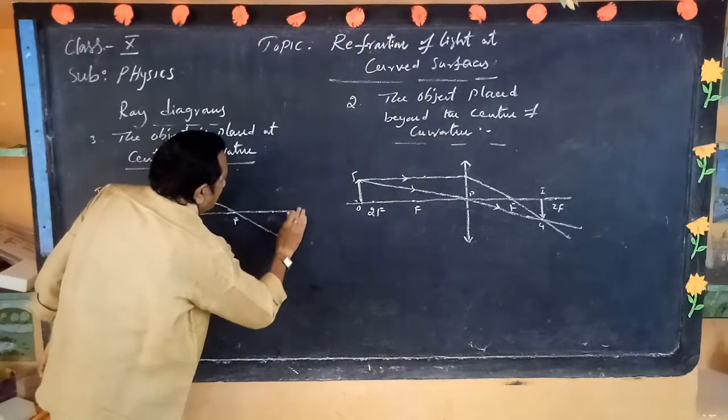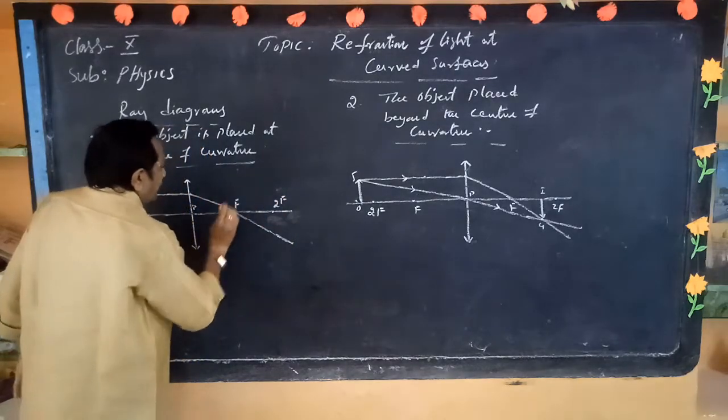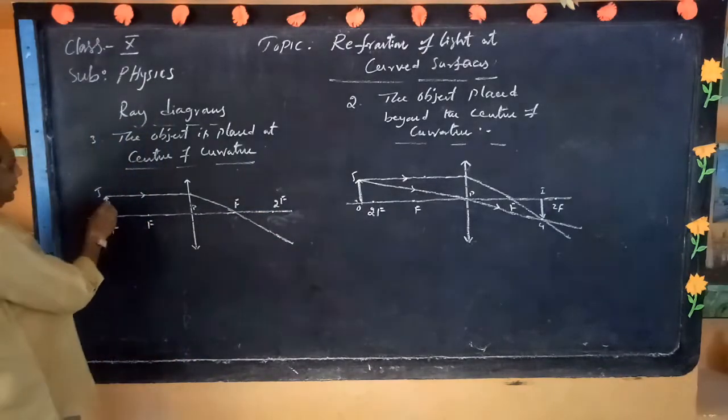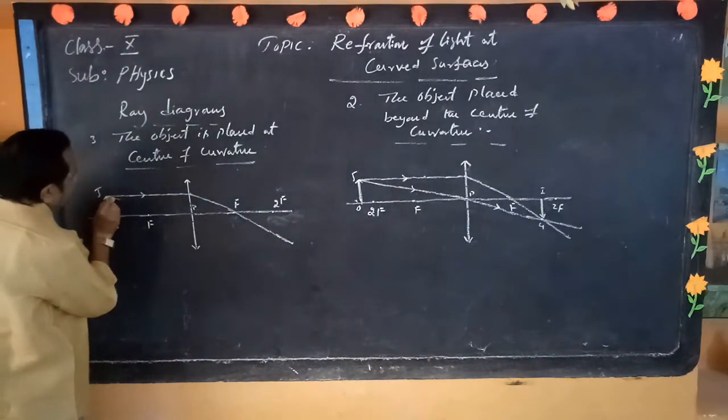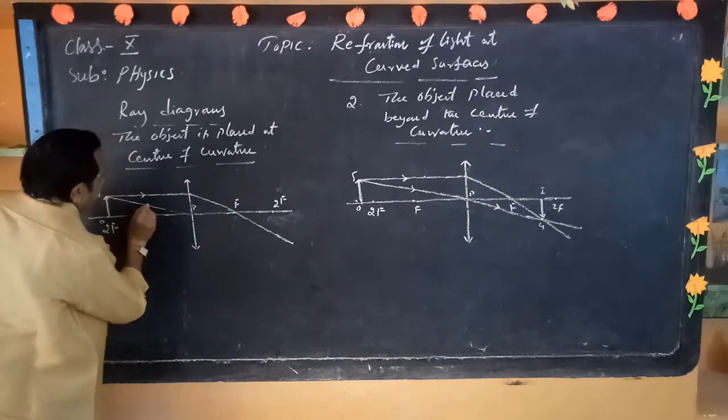Then another ray is considered through the optic center. It is not deviated and it travels straight.